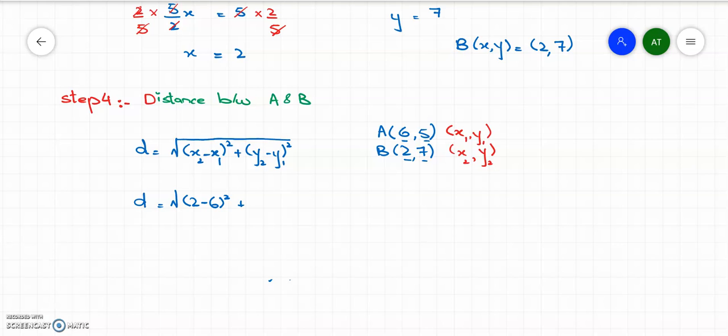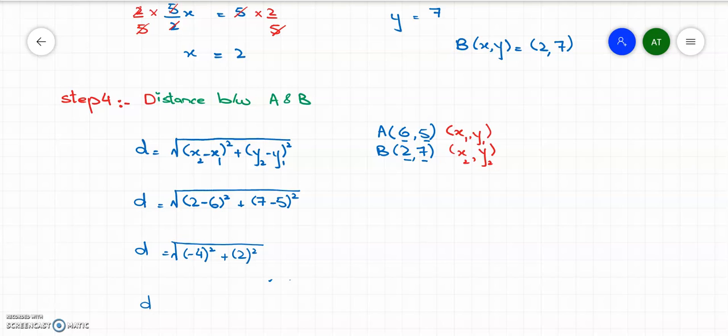So we can say 7 minus 5 whole squared. So d would be equal to square root of 2 minus 6, that would be negative 4 whole squared, and 7 minus 5, that would be 2 whole squared, right?